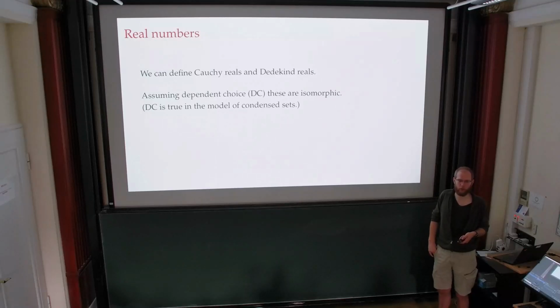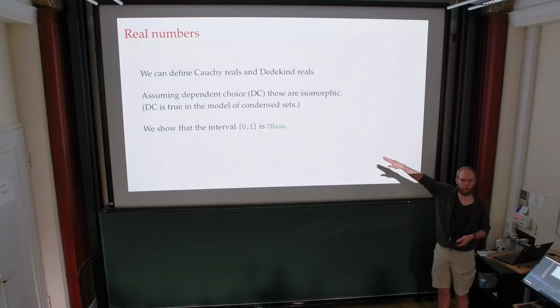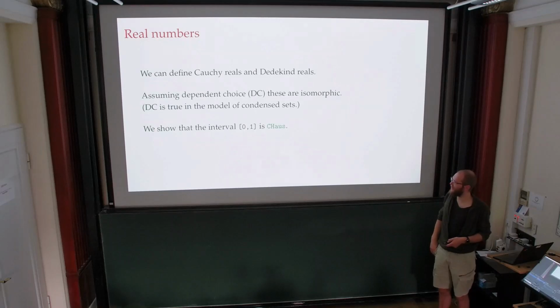So I think this is a good reason to include that axiom. And so we can show that the interval is CHaus, which is good, right? It would be bad if it were not.